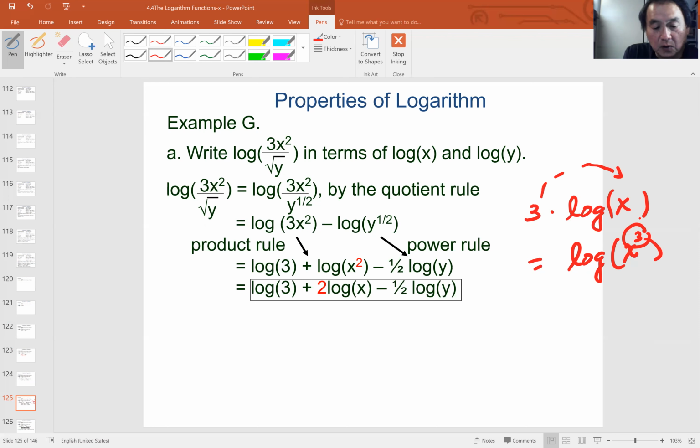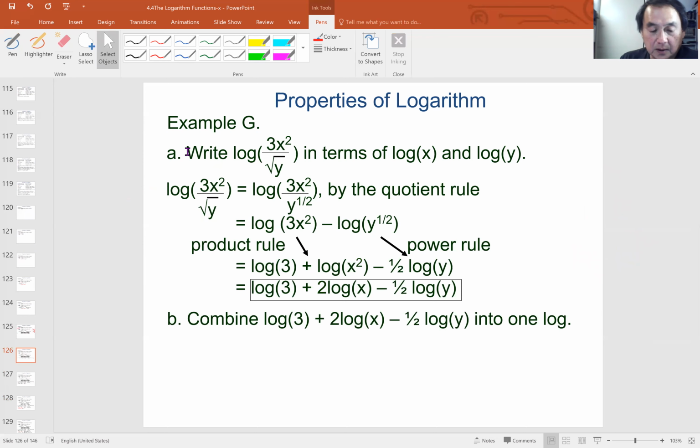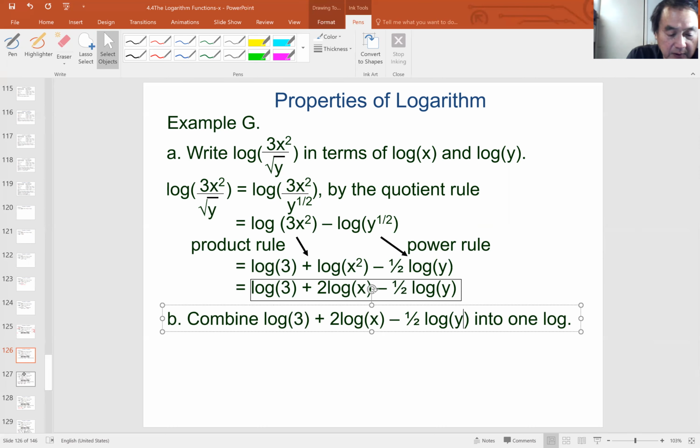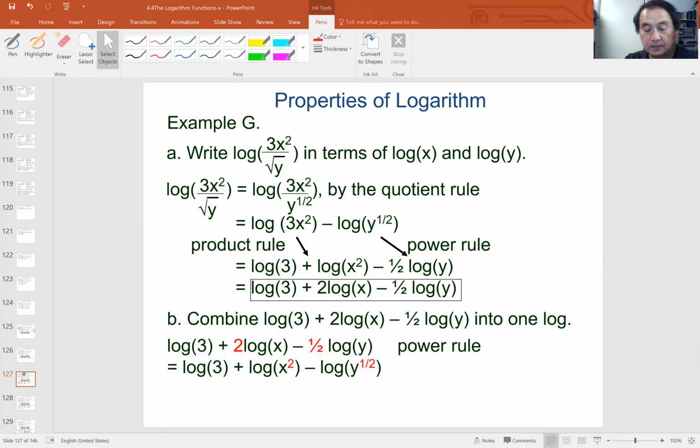Next, we're going to put all this back into a compact form, into one log. How do we do that? First, we pack all the exponents back into the argument. So 2 log x is the same as log of x squared, and for minus 1/2, we can put the exponent 1/2 back as a further power of y.